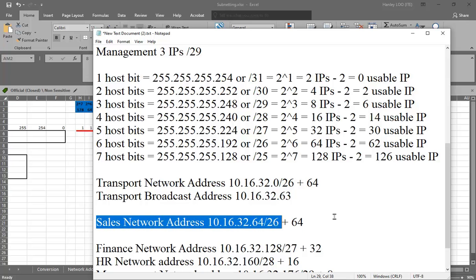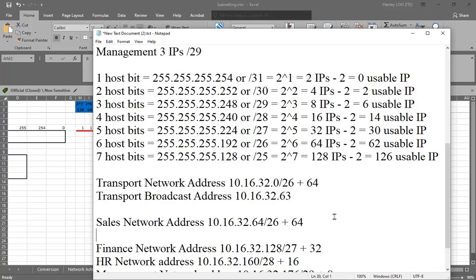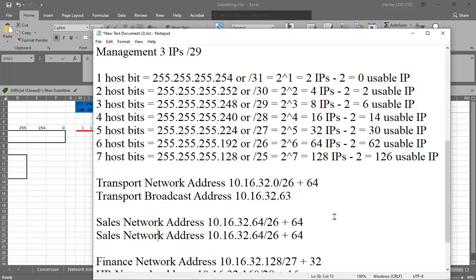So similarly, for the sales department broadcast address, I look at the network address for the next group, which is 128 minus 1. It means that the sales broadcast address will be 127.